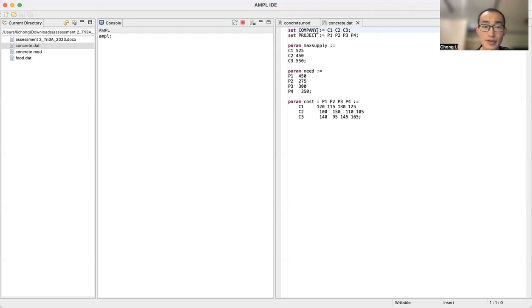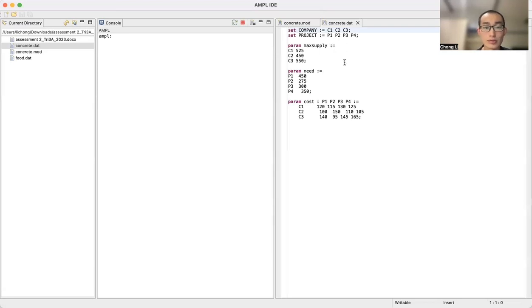We have three companies that can produce concrete, and we also have a list of projects, P1, P2, P3, P4, that need a certain quantity of concrete to finish the project. And we want to minimize the total cost in the whole process of the company.